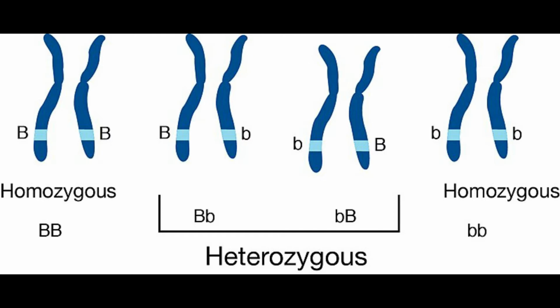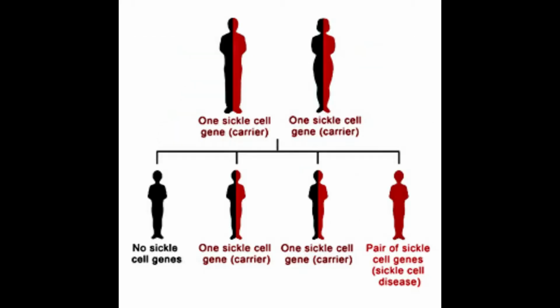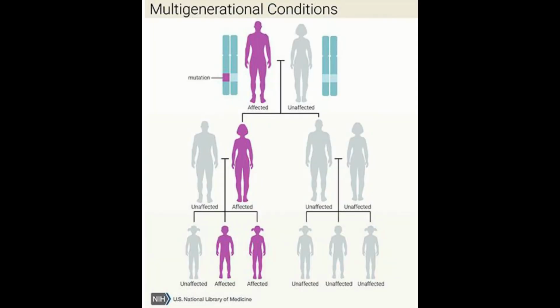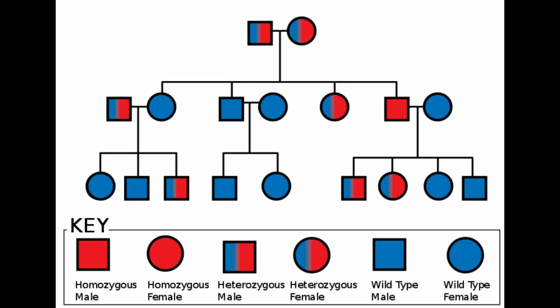The concept of heterozygosity is important because some of the diseases are homozygously dominant or homozygously recessive, which means that the gene cannot be activated unless and until it contains two identical alleles. In simpler words, if I have a healthy gene that is dominant and if I have a diseased gene that is recessive, the diseased gene will never be expressed unless and until the healthy dominant gene is lost.